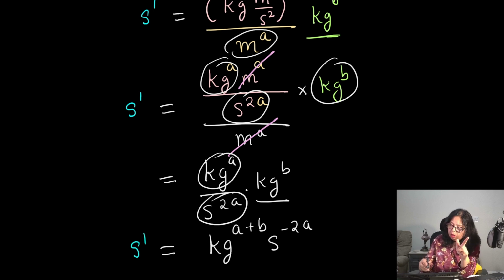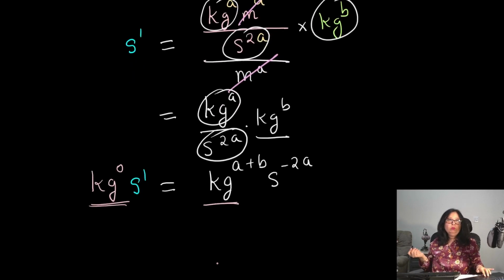However, now on the right-hand side, I have this kilograms, but on the left-hand side, I do not have any kilograms. What if I write kilograms to the power 0? What is that? That is just 1. Why? Because any number raised to power 0 is 1. And multiplying by 1, we know changes nothing.